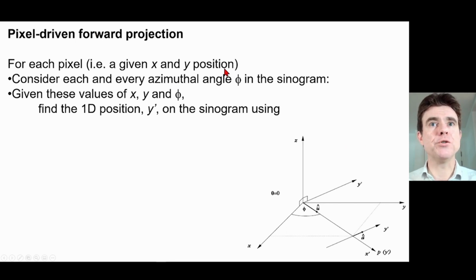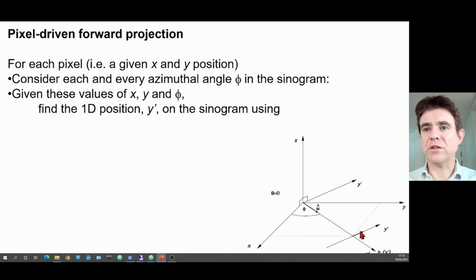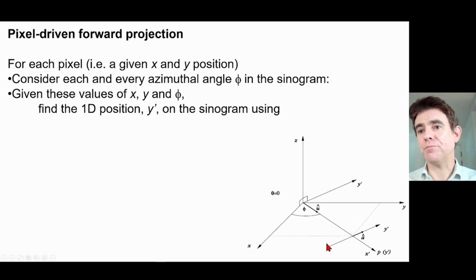In PyTorch, we're going to do this forward projection method, where we consider every single pixel in a 2D image. You've got to imagine the 2D image is in this XY plane, and we're just visiting pixels in this XY plane. And then for each pixel, which is a given XY position, we just project it to this parallel projection here for a given azimuthal angle phi.